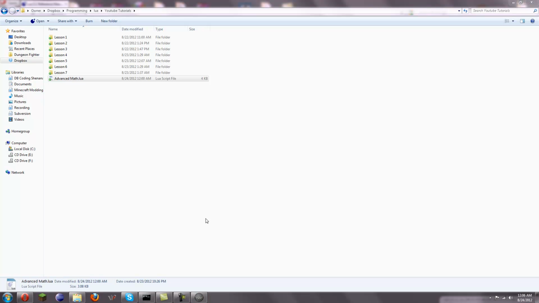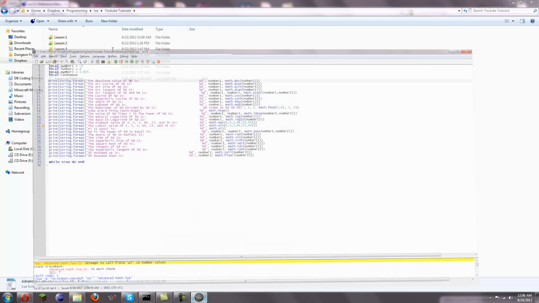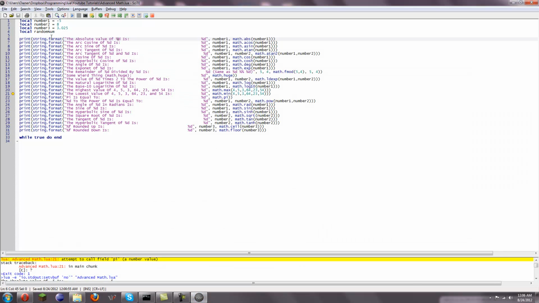Okay, about 80% of that stuff I don't know what it means, because it's mostly trigonometry. But, here's the code. To get the absolute value of a number, you do math.abs, and then the number. Also, I'm using the formatting strings to get these numbers in here.